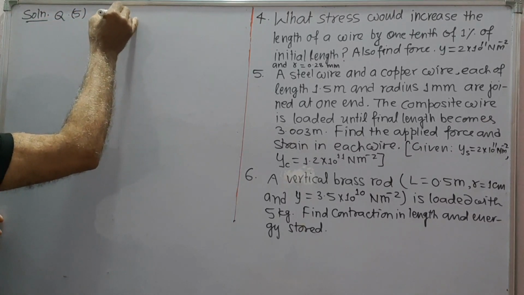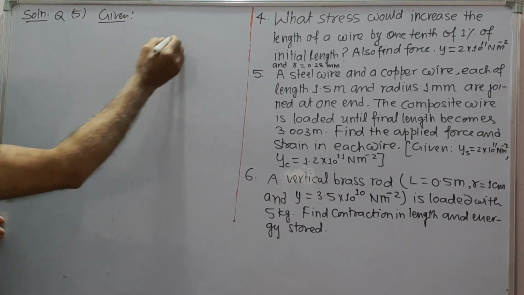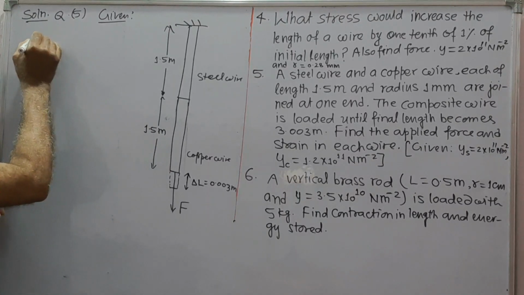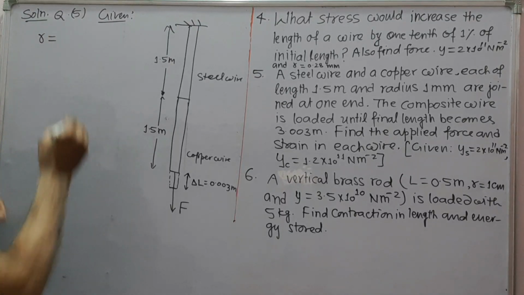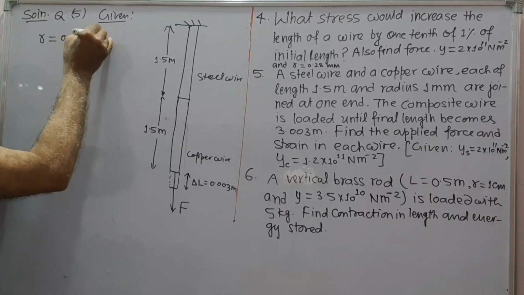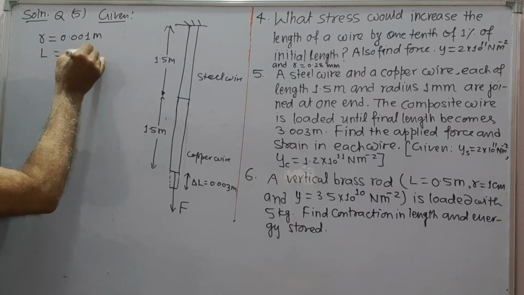Given: total final length minus total initial length. R is 1 millimeter, radius of each wire, 0.001 meter, length is 1.5 meter.